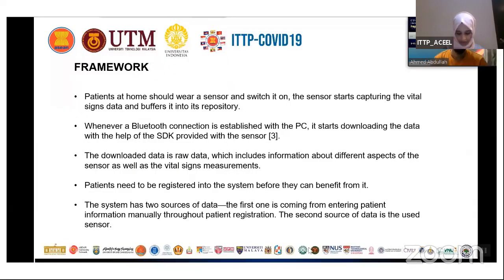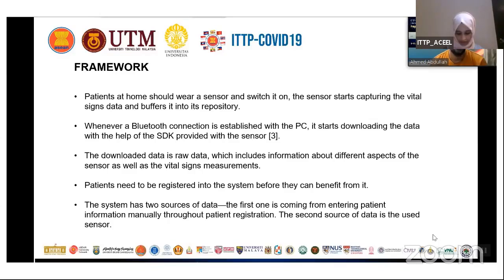Next, a framework. Patient at home should wear a sensor and switch it on. The sensor starts capturing the vital sign data and stores it in its repository.